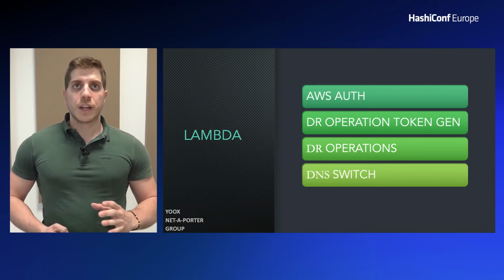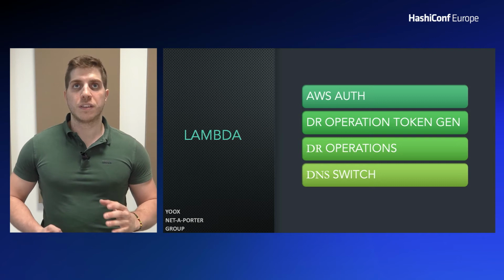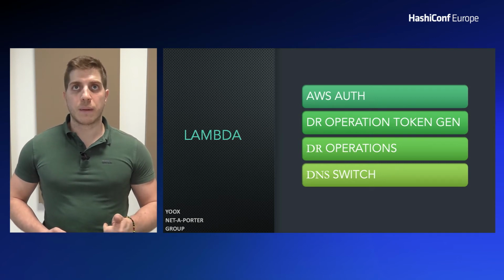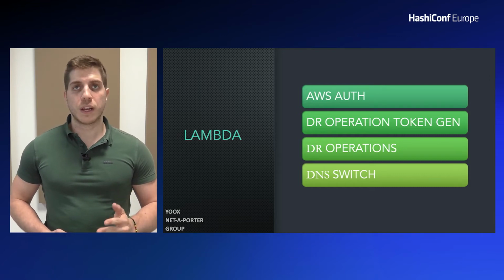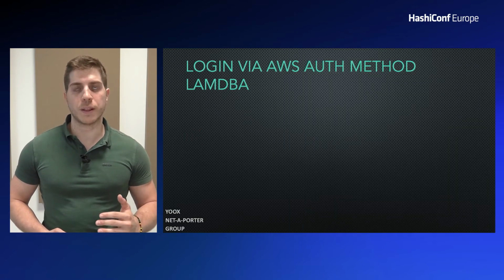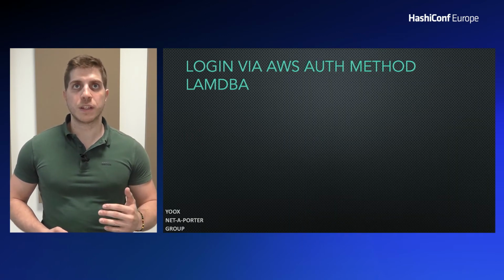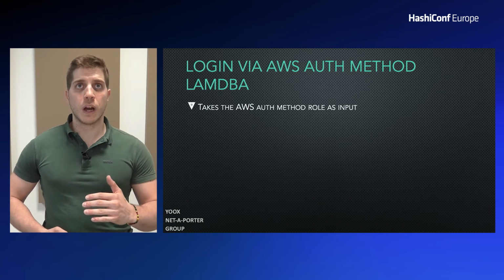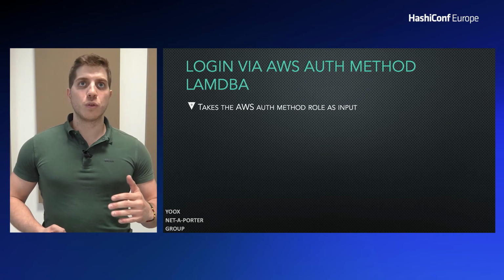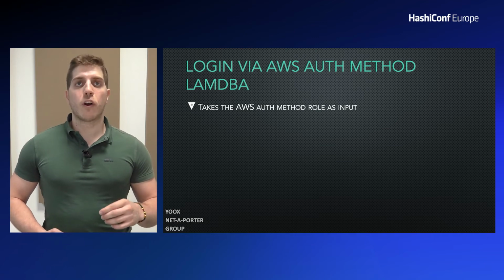So in our story here for the disaster recovery plan, we have 4 Lambdas: the AWS Auth Lambda, the DR operation token gen Lambda, the DR operations Lambda, and the DNS switch. Let's inspect all of these one by one, starting with the first. This Lambda will first of all take as an input the AWS Auth method role from the calling Lambda.